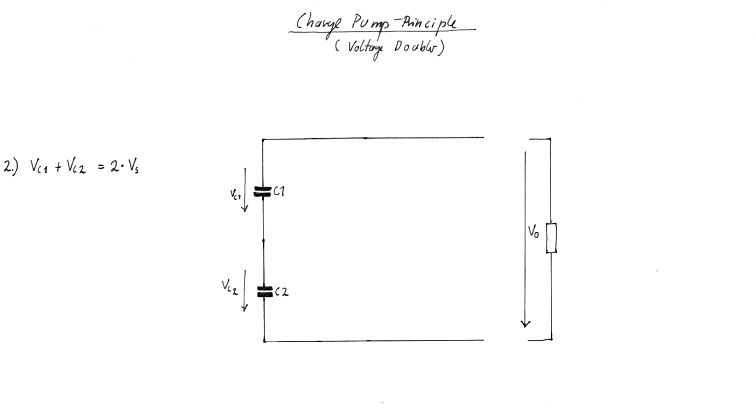Now the two voltages Vc1 and Vc2 add up. The two capacitors can now be discharged in a third capacitor acting as an output capacitor. This capacitor CO can then act as a voltage source that has a source voltage of up to 2 times Vs. Now that the principal idea should be clear, we can talk about how real charge pumps work.